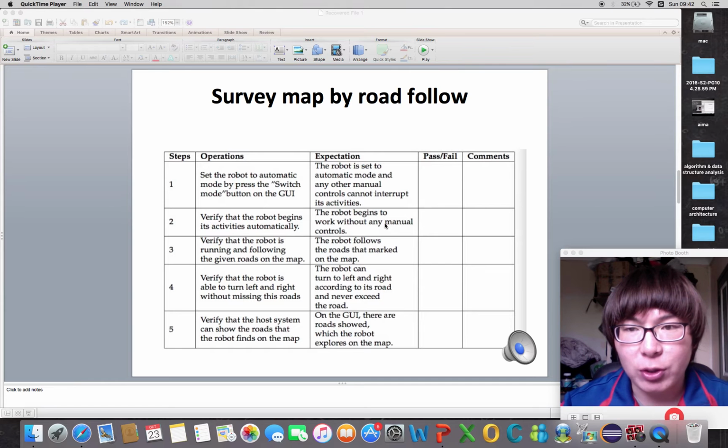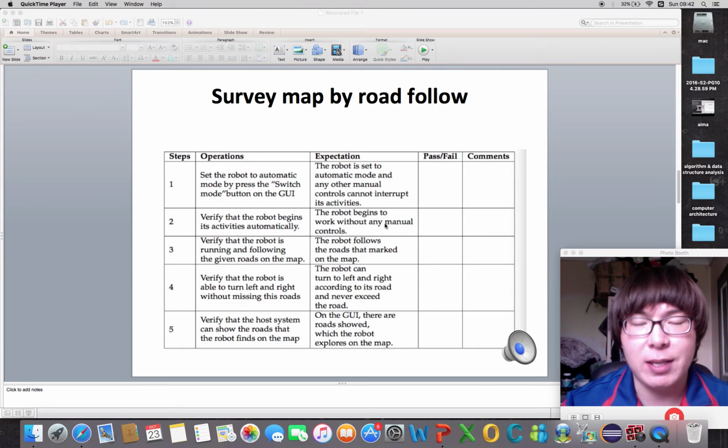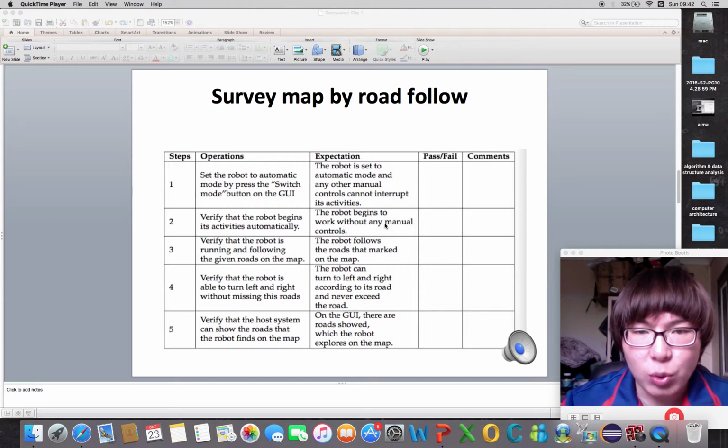and tell you what's included in this part. We can see from this graph the operations and the corresponding expectation are written in this graph. For example, the first step for the operation, setting the robot to automatic mode by pressing the switch mode button on the GUI.